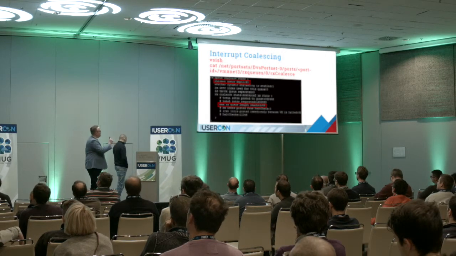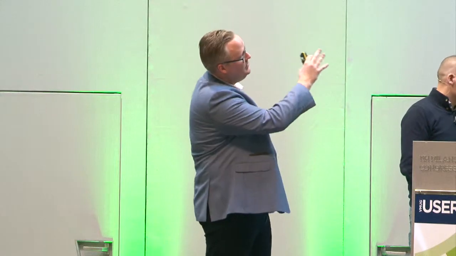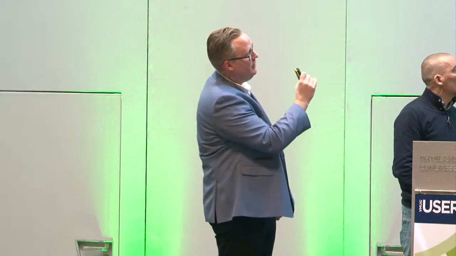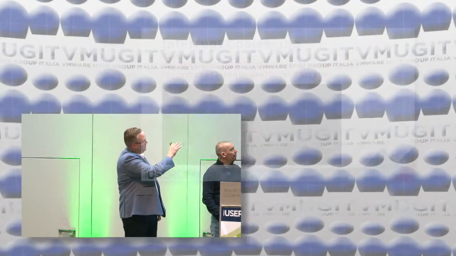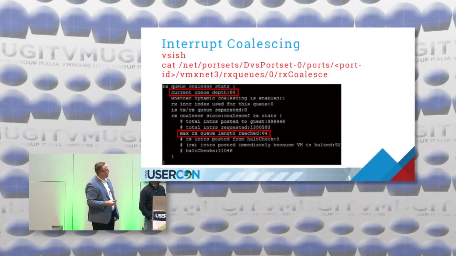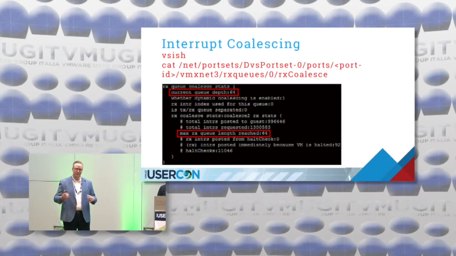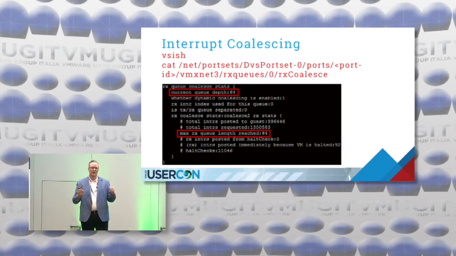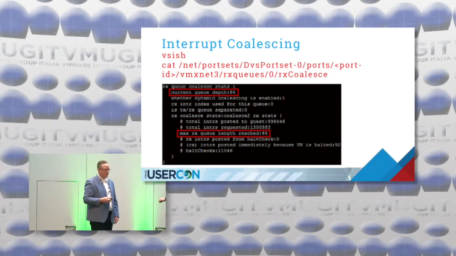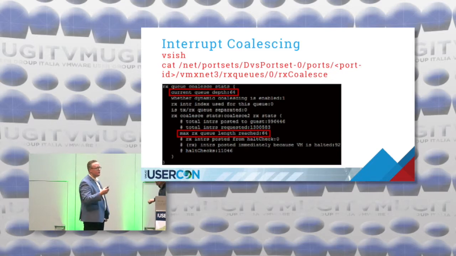And that is that we have a queue depth, and this is a commandlet that shows the interrupt coalescing settings, that we have a queue depth of 64. And the lower highlight is actually the maximum queue length, which is again 64. So if we have 64 packets, then the interrupt will be triggered.